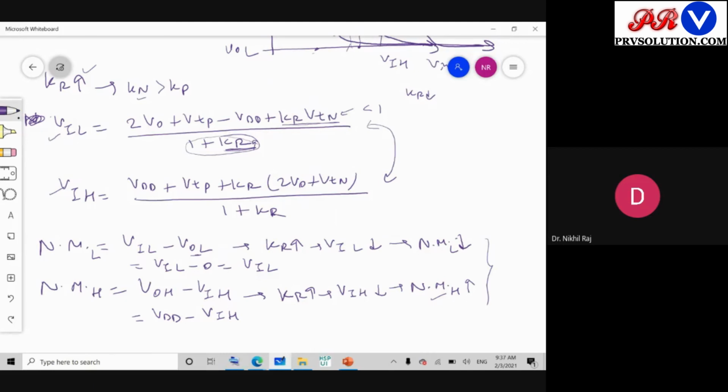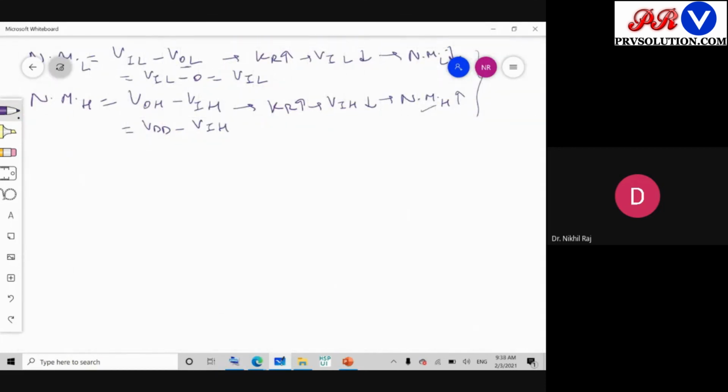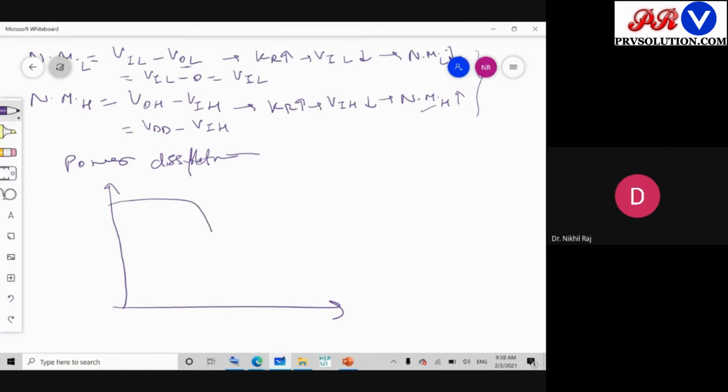So this was about your static analysis. Now comes power dissipation. Now you know the modes of operation of the MOSFETs in all the regions. If I draw the VTC curve for this inverter, with PMOS and NMOS, we are now calculating DC power.